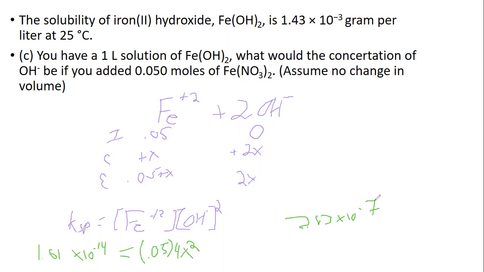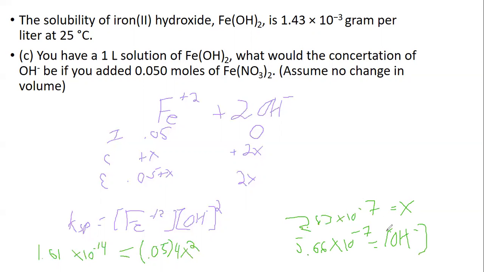Oh, actually, no, that is not the final answer. I apologize, that's x. But the concentration at equilibrium is 2x, so just multiply this by 2. So that's going to get you 5.66 times 10 to the negative 7. That is your concentration of hydroxide ions.